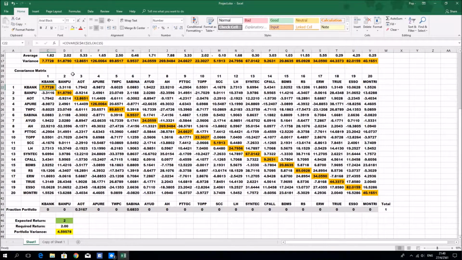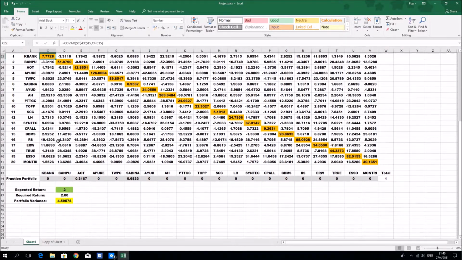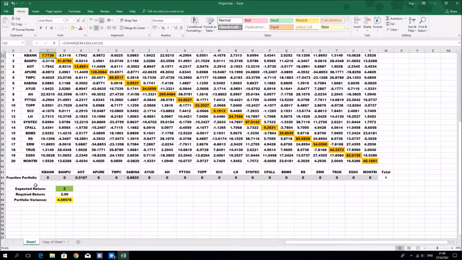After we constructed the table and used the formula to find all the values in this table, we then construct the fraction portfolio table right here. The gray color on this table means that these will be our decision variables, which will let the solver solve for us what we should invest in.